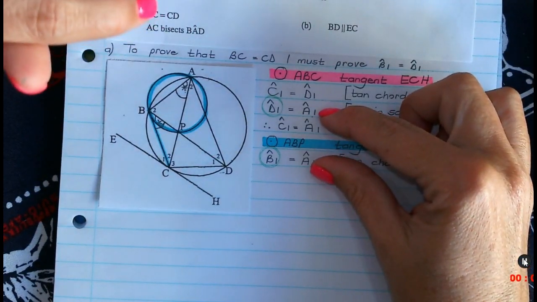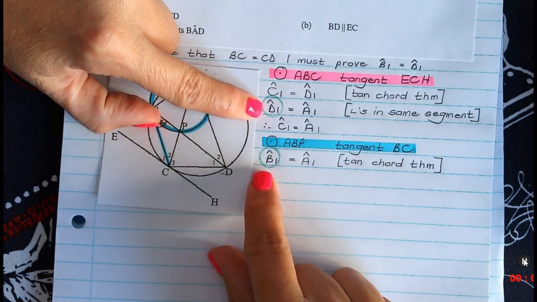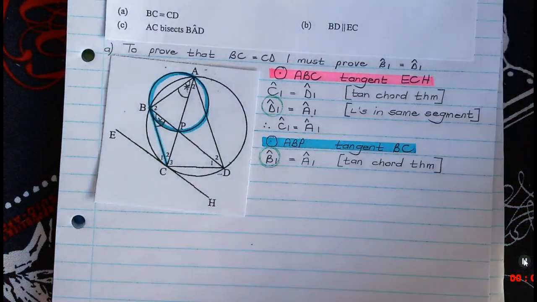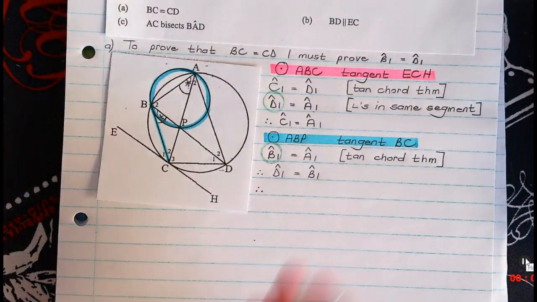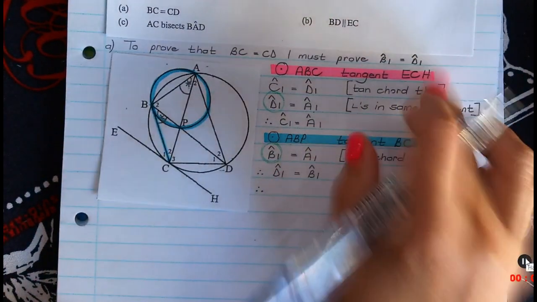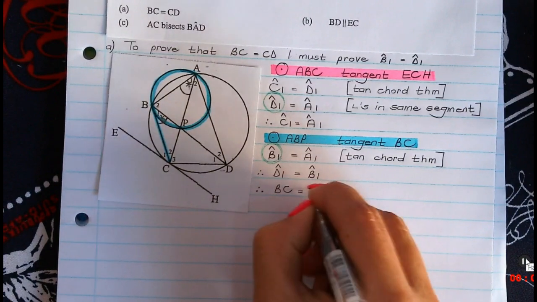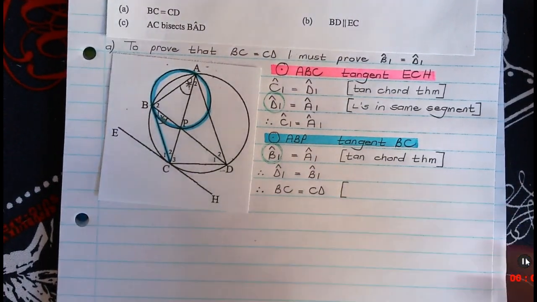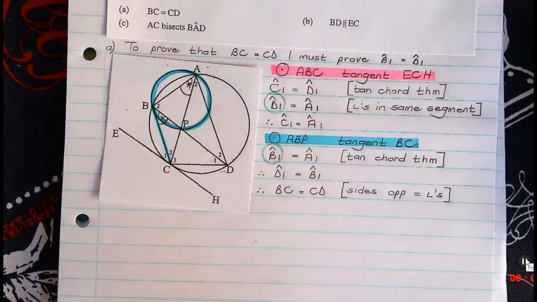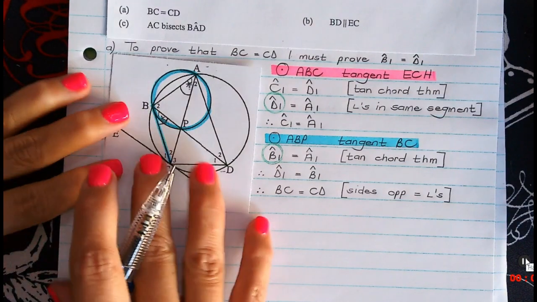So therefore, angle D1 equals angle B1. And if those two angles are equal, I have just proved that BC is equal to CD, and the reason being sides opposite equal angles.